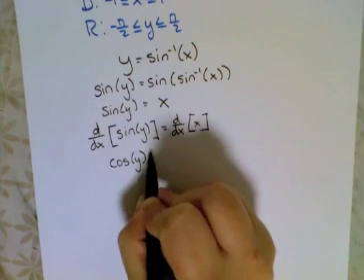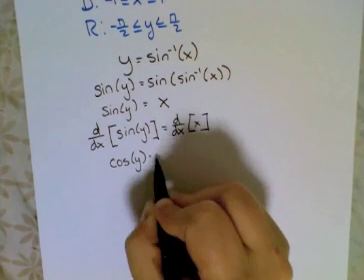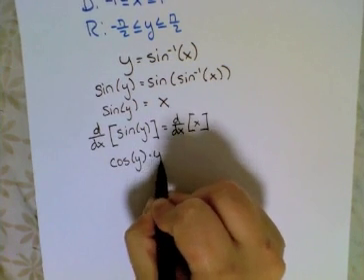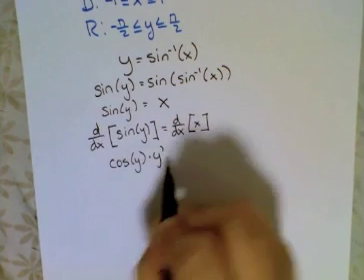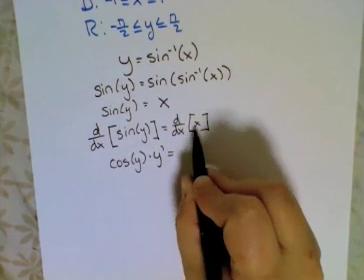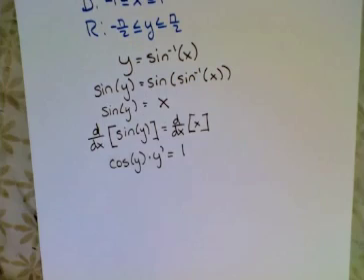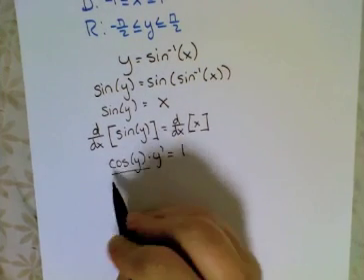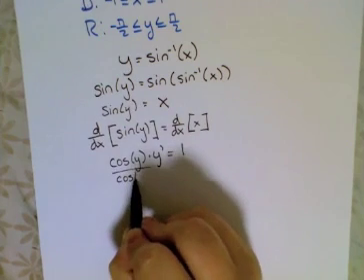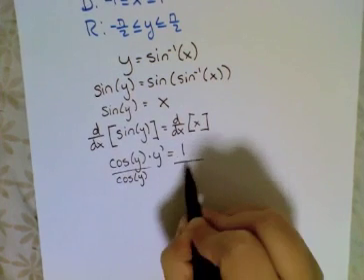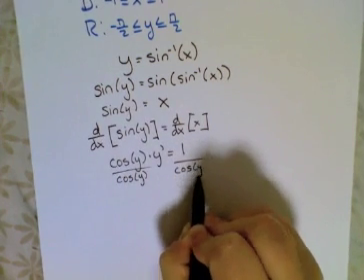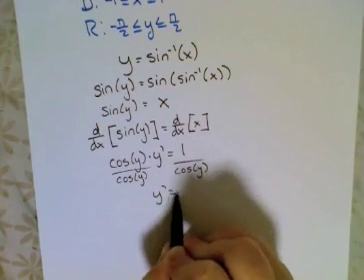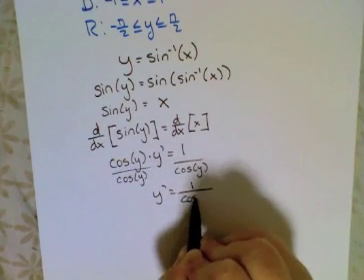And then the derivative of the inside, well, the derivative of y is just dy dx or y prime, whichever notation you prefer. The derivative of x in terms of x is 1. To isolate the derivative of y, I take y prime divided by the cosine of y, and I do the same thing to both sides. So y prime equals 1 over the cosine of y.